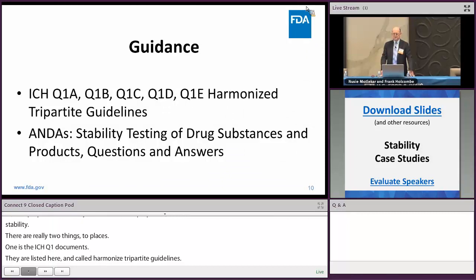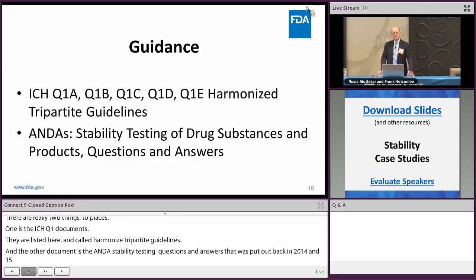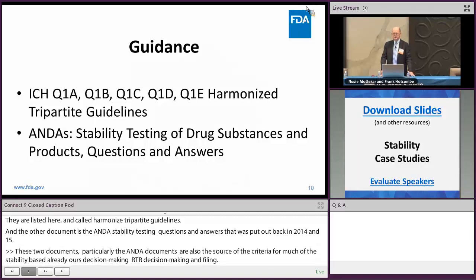These two documents, particularly the ANDA documents, are also the source of the criteria for much of the stability-based RTR decision-making in the division of filing. So these two places are, as I said, the source for the filing group to make decisions about whether certain information needs to be there and what that information might be composed of.